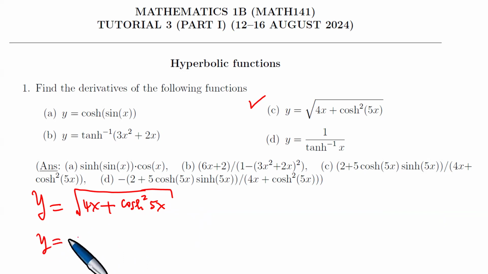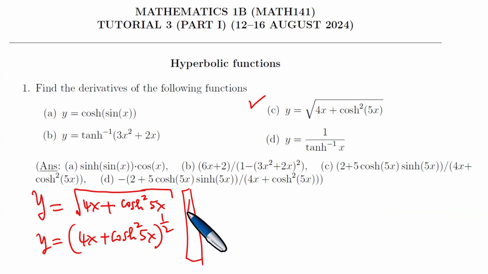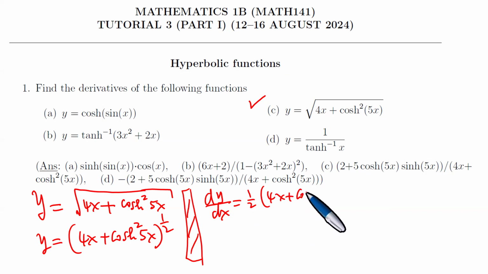But first things first, for us to differentiate the square root, we must write it in a way that allows us to have an exponent, like so. We then proceed to find the derivative, dy/dx. Therefore, this is 1/2 times 4x plus the cosh squared of 5x.